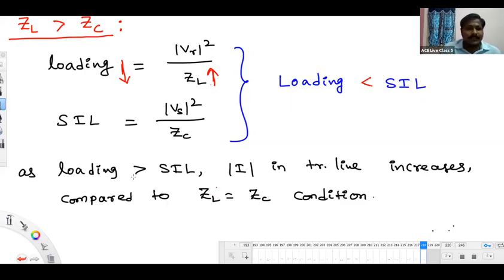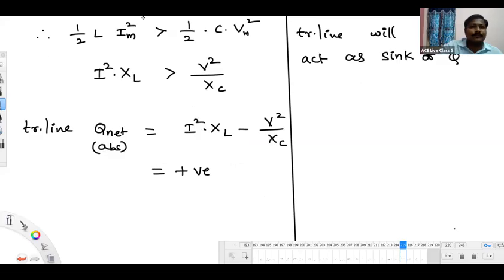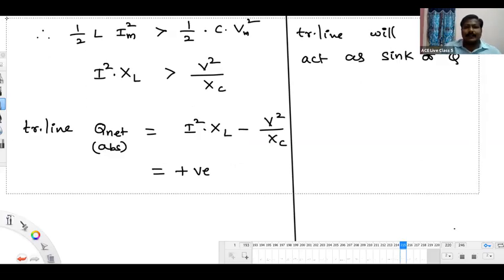As loading is less than SIL, current in the transmission line will decrease, compared to the ZL equals ZC condition. As and when loading is less, current is less, as already mentioned.